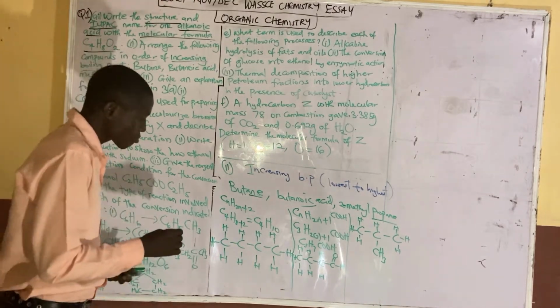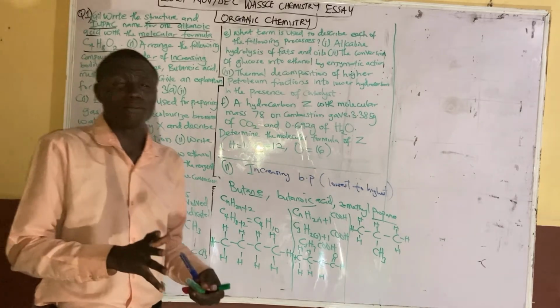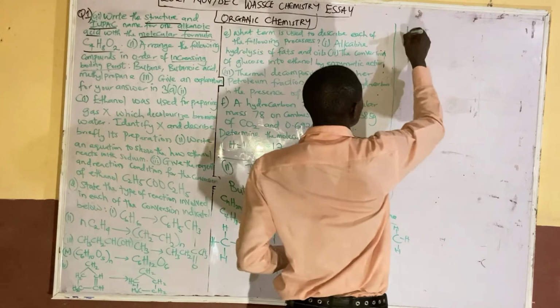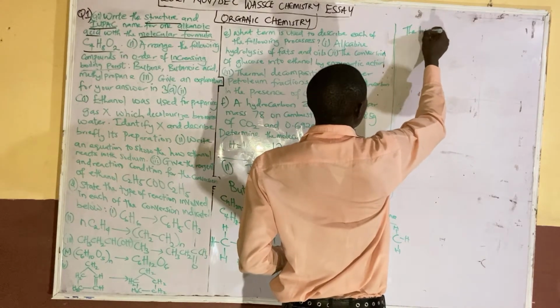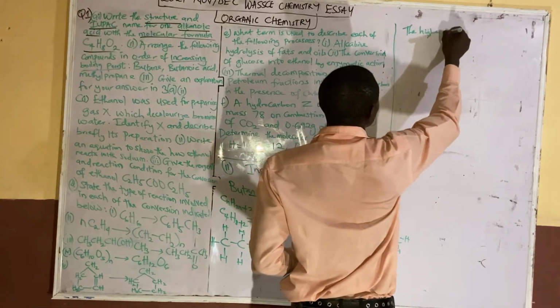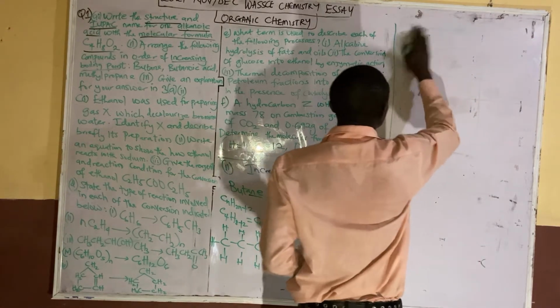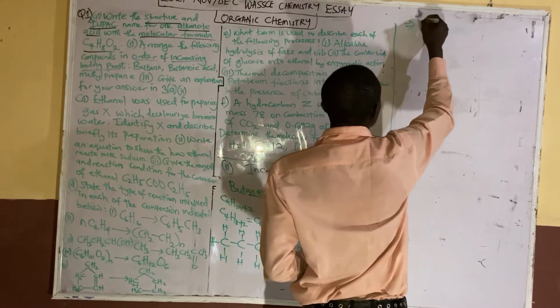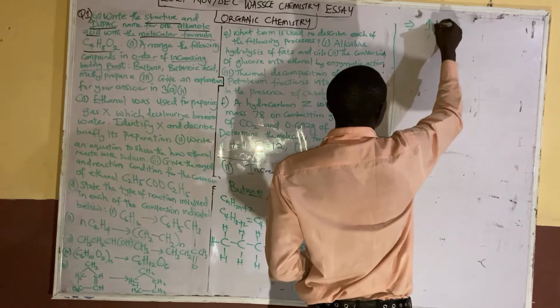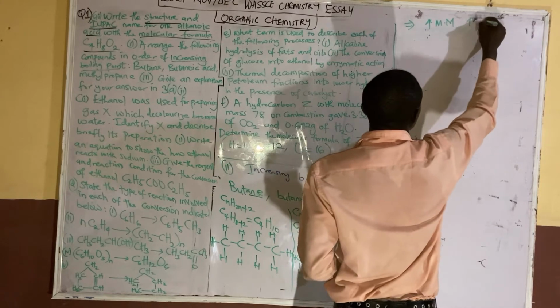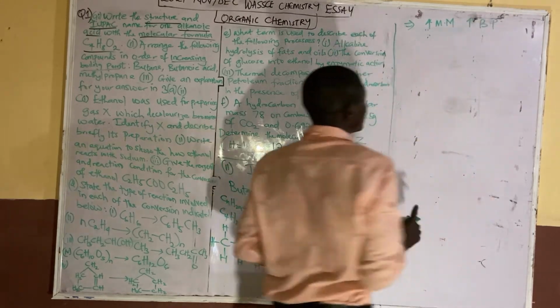So there is a principle of boiling point. There are 2 principles that affect boiling point. The higher the molecular mass of the compound, the higher the boiling point. That's one.